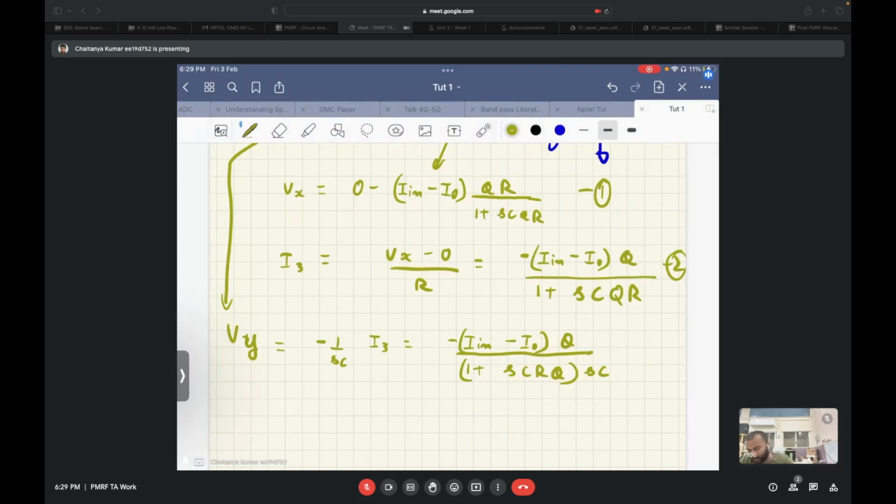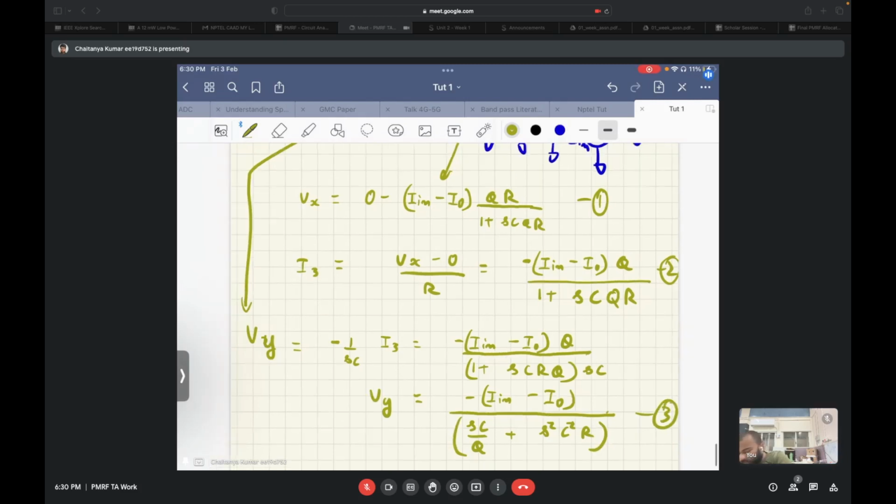Now if we manipulate this equation a little bit, what we get is minus (I in minus I naught) divided by (SC by Q plus S square C square R). This is the voltage at node Y.